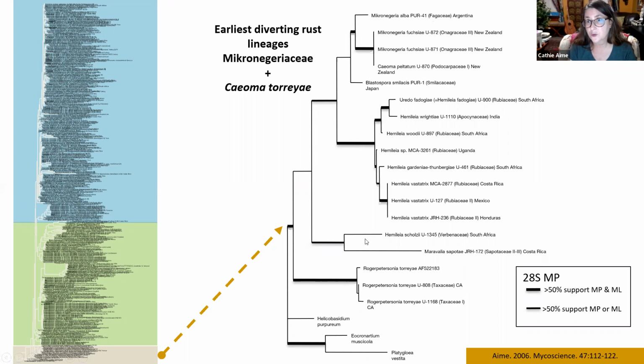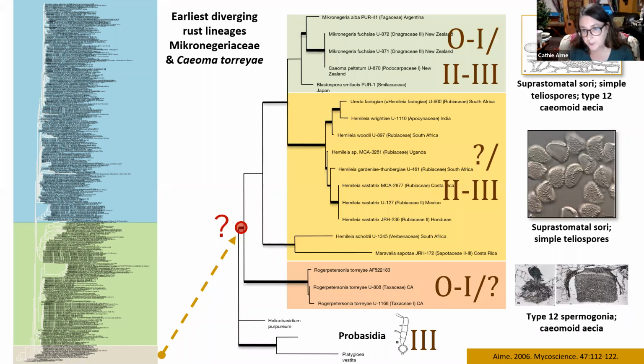This earliest group of rusts that we know about anyway belong to three major lineages here. One of them is this thing called Peridermium harknessii torreyae. This is the oldest, it's like our dinosaur of rust fungi. It's the oldest rust that we know about. It's the oldest rust that's ever been sequenced anyway. And this work has been repeated now by others, not just myself, so we're very confident that this is indeed our earliest rust.